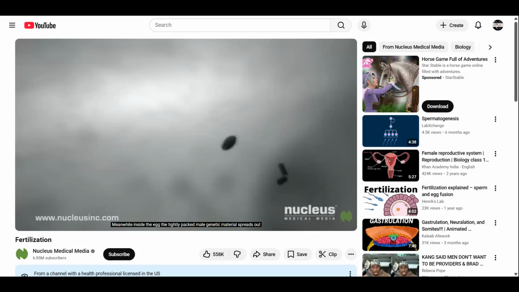The egg has a different mechanism of its cell cycle. That's why it doesn't kill the egg.